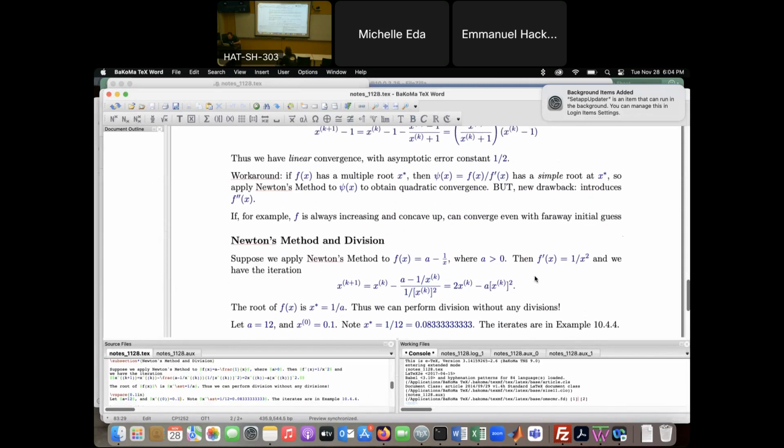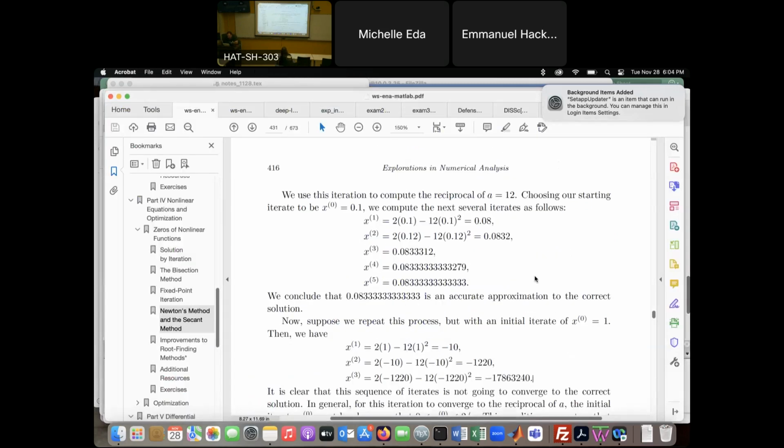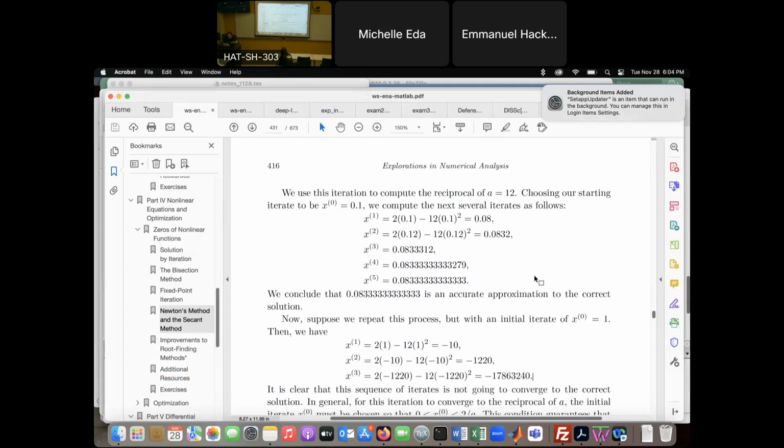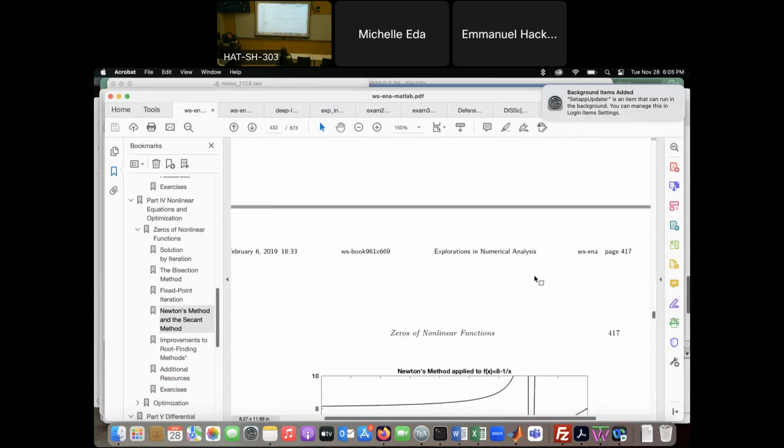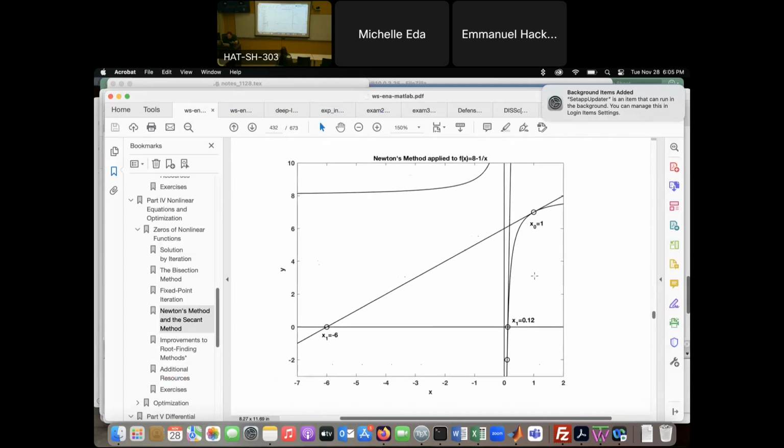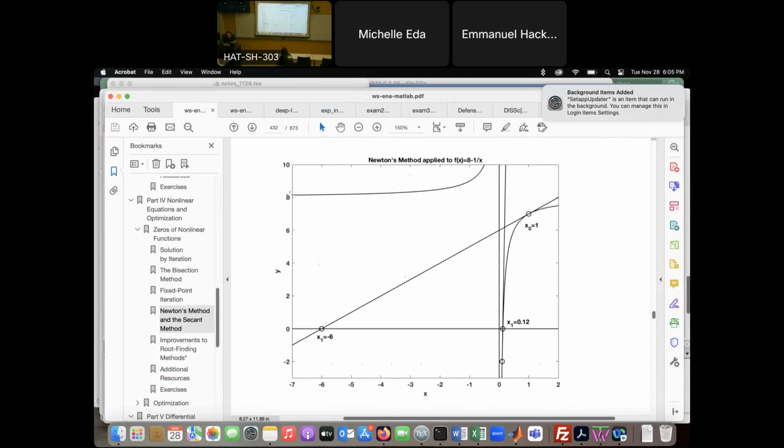Okay. Now to give you a visual idea of why, here we have the graph right here. This curve is part of a graph of 12 minus 1 over x, and this is the other part of the graph, because there's going to be an asymptote at x equals 0.